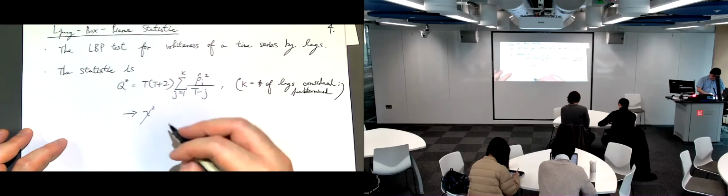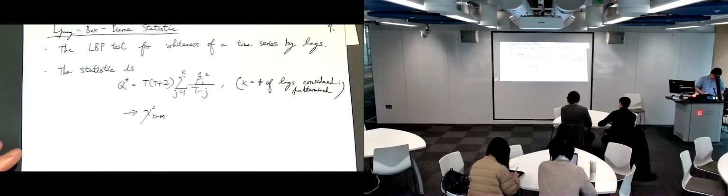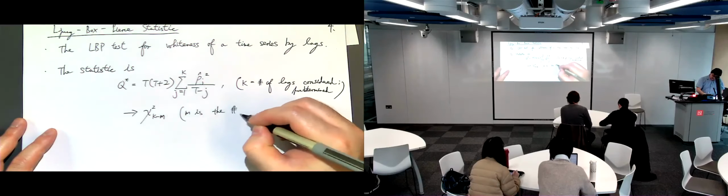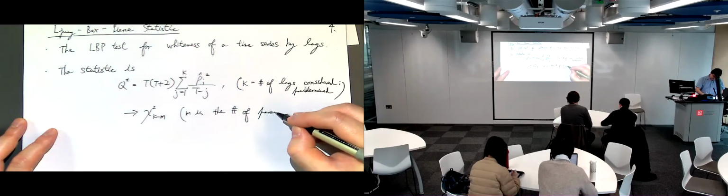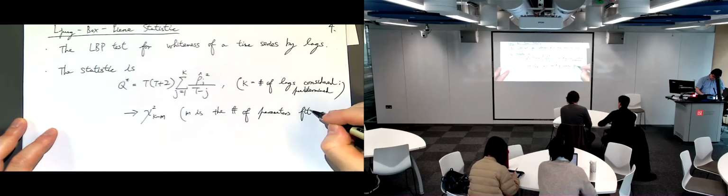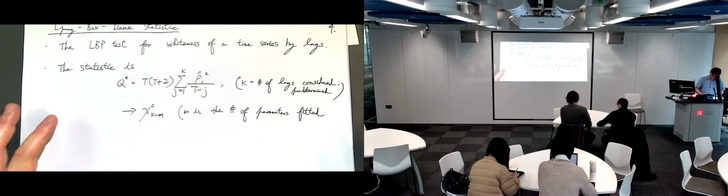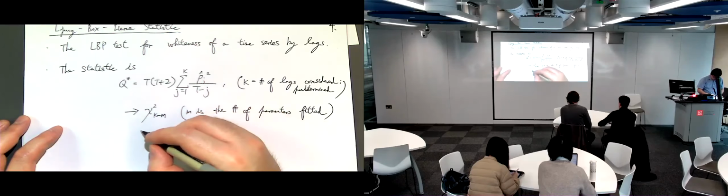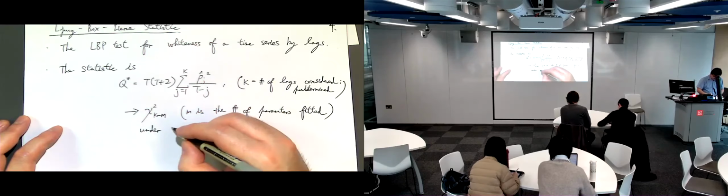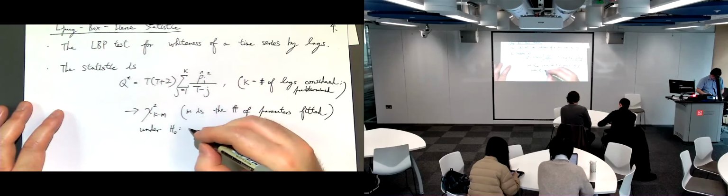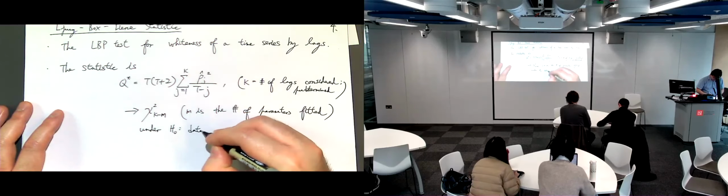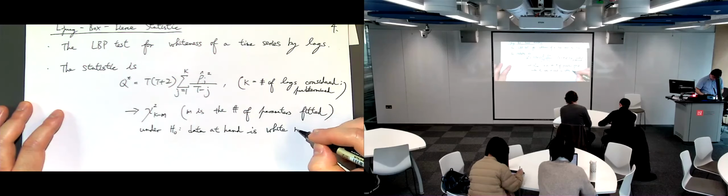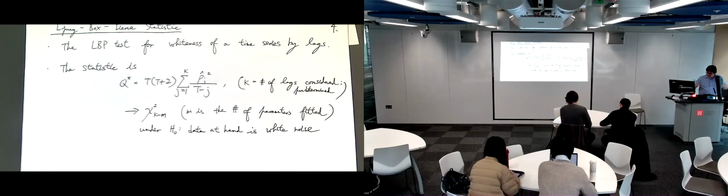Because of an asymptotic result, it goes to a chi-square with K minus m degrees of freedom, where m is the number of parameters fitted, under the null hypothesis that the data at hand is white noise. Of course, the alternative hypothesis is that it's not white noise.